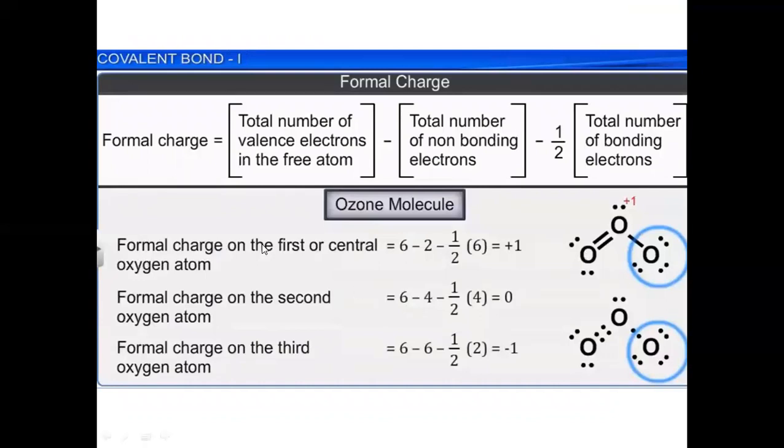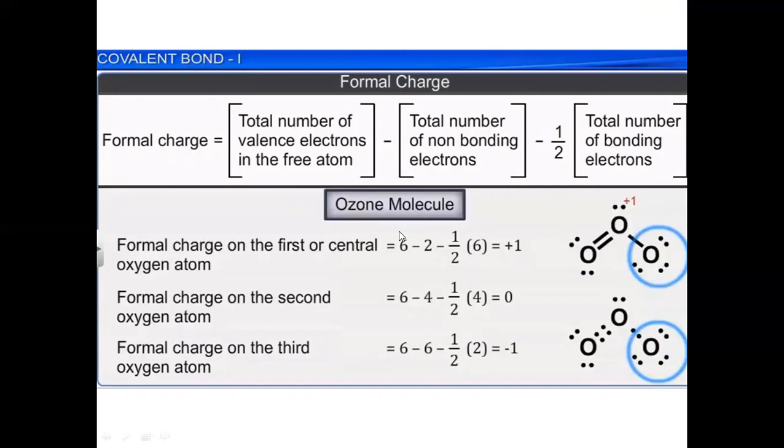The formal charge on the first or central oxygen atom, this one. The total number of valence electrons in the free atom is 1, 2, 3, 4, 5 and 6. Oxygen has 6 electrons in the outermost orbit, right?